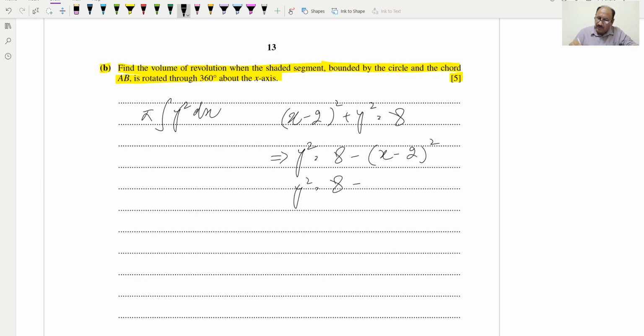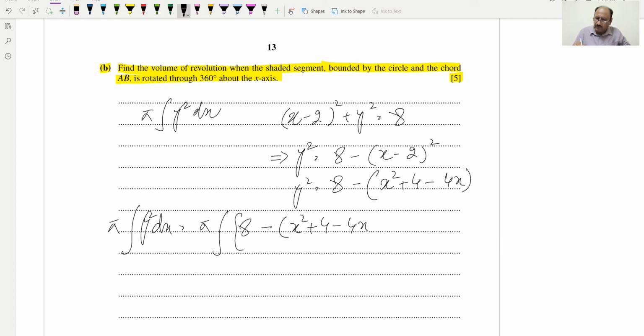We can open this square, and this will be y squared is equal to 8 minus (x squared plus 4 minus 4x). Now we can replace this for pi integral y squared dx, which will be equal to pi integral, and instead of y squared we will write 8 minus (x squared plus 4 minus 4x), and this will be closed.